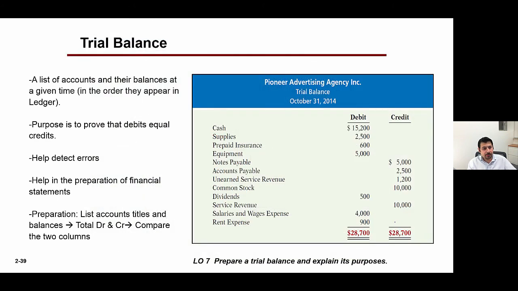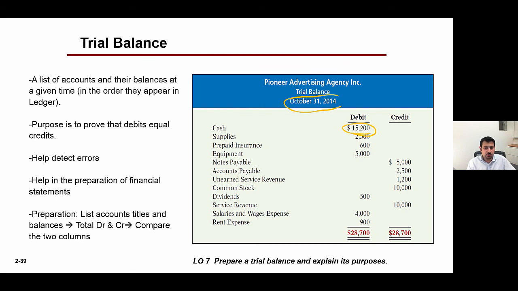So the trial balance is a list of the accounts and the balances at a specific date. This is like a snapshot. So you see on October 31st, the balance for the cash account was 15,200.